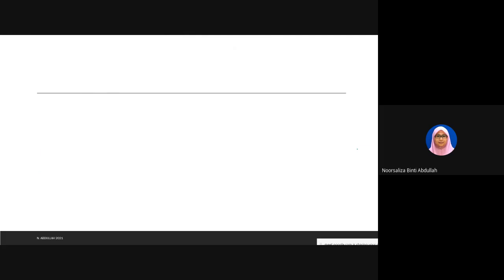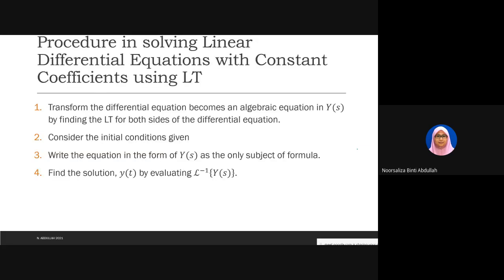Okay, so kalau faham, kita tengok. Last time untuk hari ni, macam mana kita nak solvekan linear differential equation dengan menggunakan Laplace transform. So dia ada step dia. First step is you have to transform the differential equations so that it becomes an algebraic equation dalam sebutan Y S. Then you have to consider the initial conditions given.